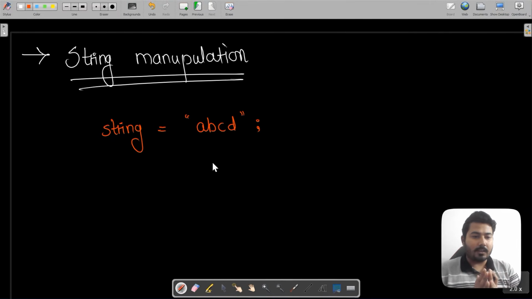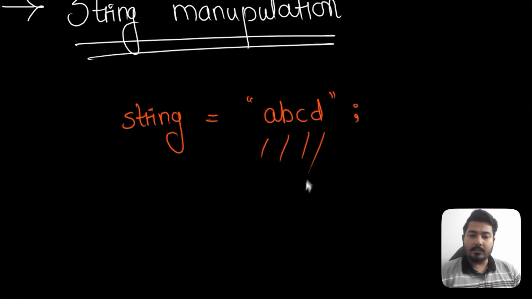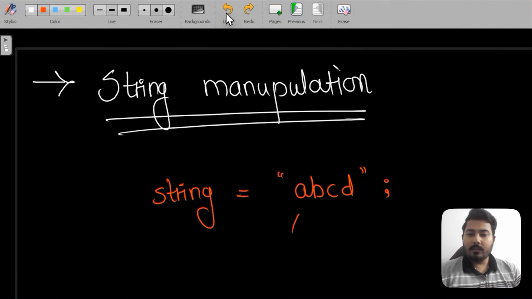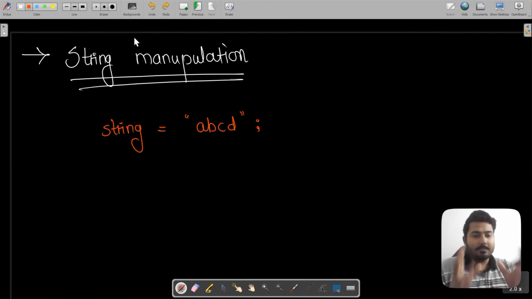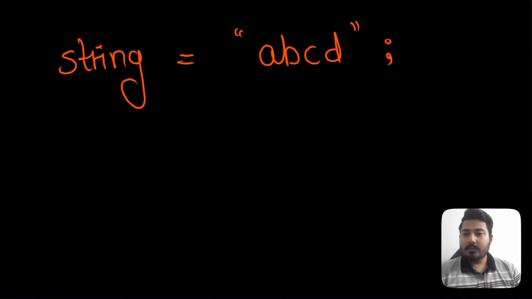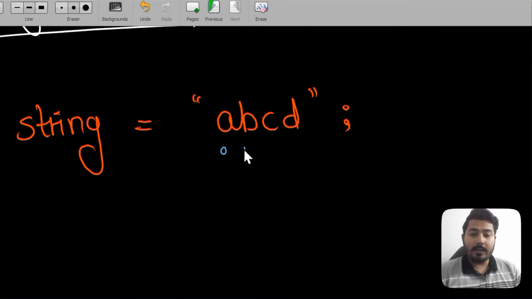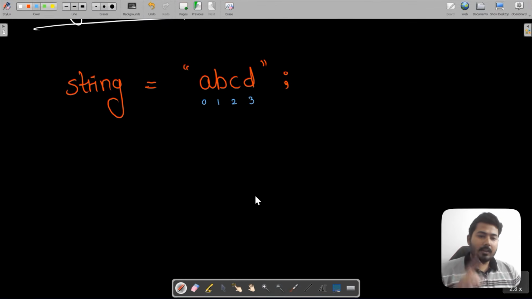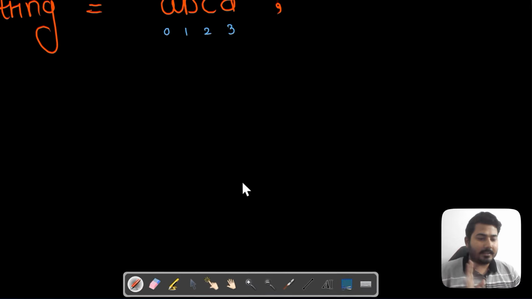This is what you call a string. The definition of a string is a collection of characters, as straightforward as that. All of these are simply characters. If you combine more than one character in a single pack inside double quotes, it is considered a string. As I have told you, a string also has a concept of indexing. Whenever you write any string, there will always be an imaginary number considered as the indexing.